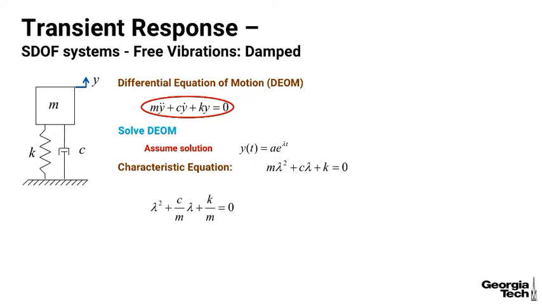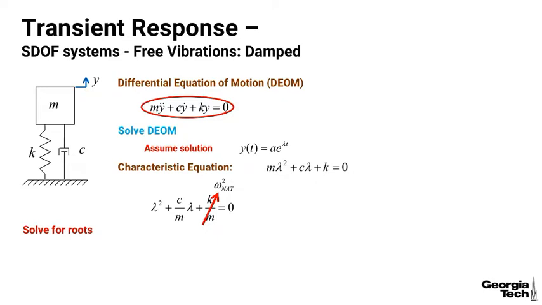I went ahead and just rearranged it. It's a quadratic. By rearranging it, I'm going to call k over m the natural frequency squared, and c over m is the coefficient for the lambda term. And so we can solve for the roots.